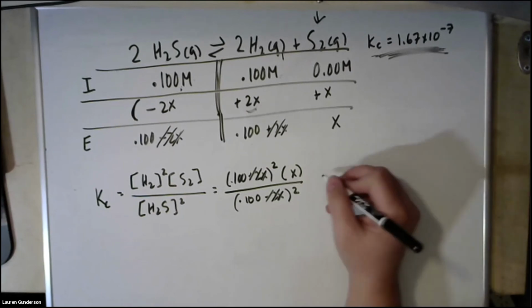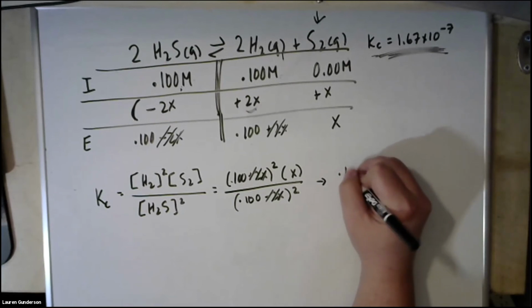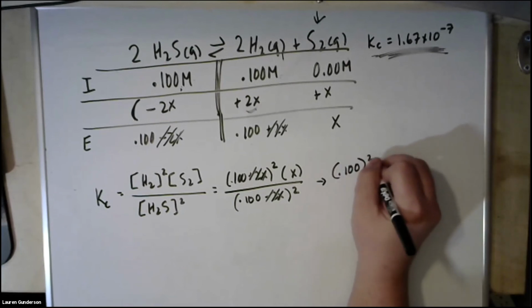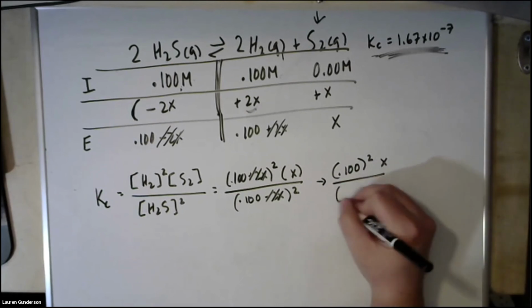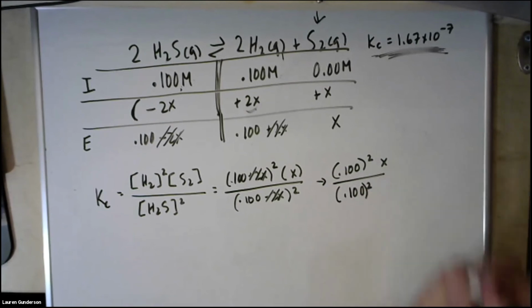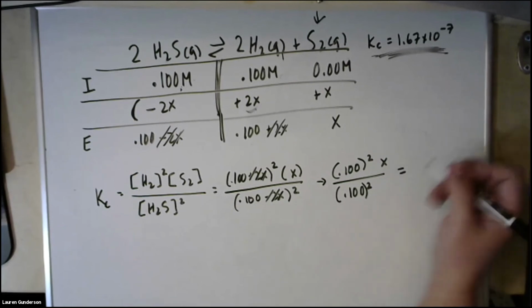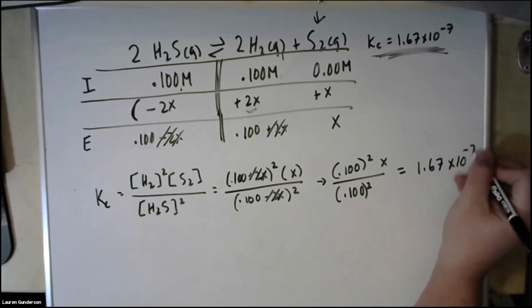Right? So we'll rewrite this as 0.100 squared times x divided by 0.100 squared, and that's going to equal 1.67 times 10 to the negative 7.